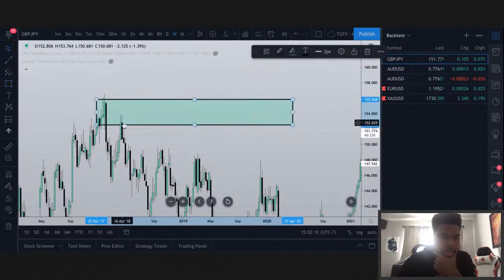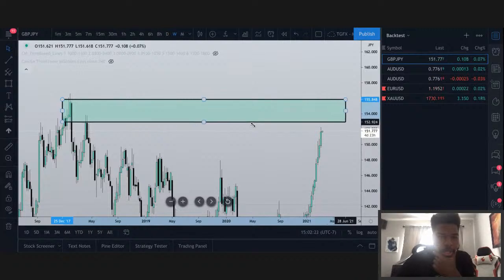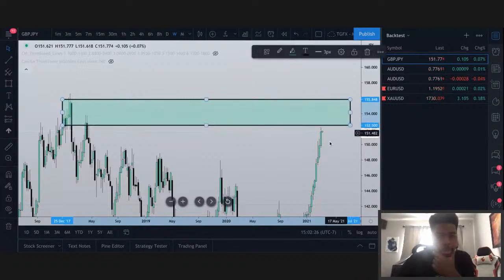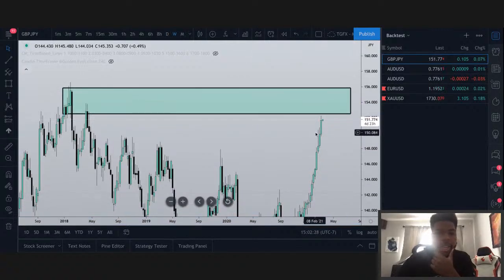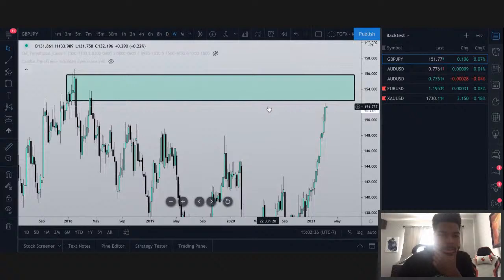So as we're moving closer to that level, I'd potentially like to see on the lower time frames a possible transition to retrace somewhere, because we've just been shooting up like crazy. So price needs to find a place that can reverse it.